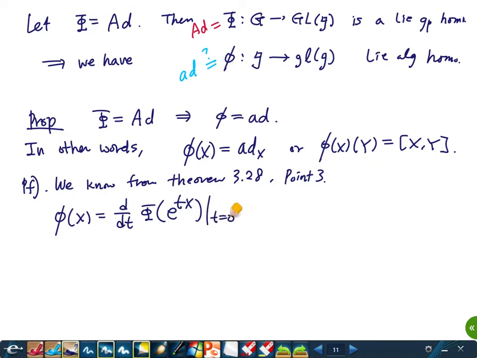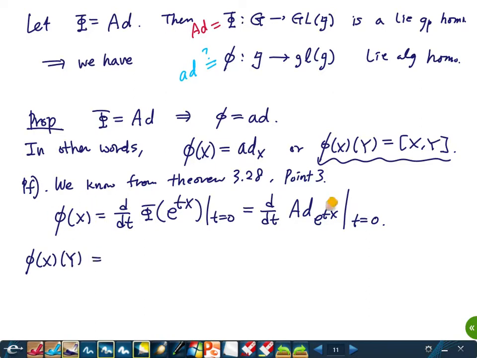This is a property that we have seen. Because capital Phi is the adjoint, this is going to be Ad of e to the tx, t goes to 0. So we want to know whether this is true, because they are all the same thing. So let's compute that.